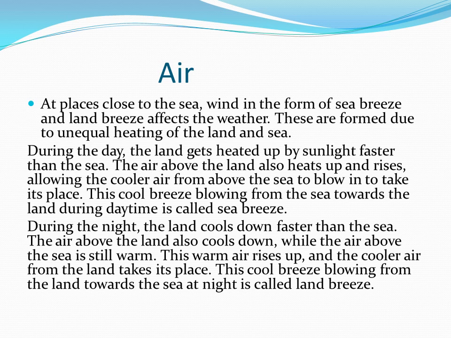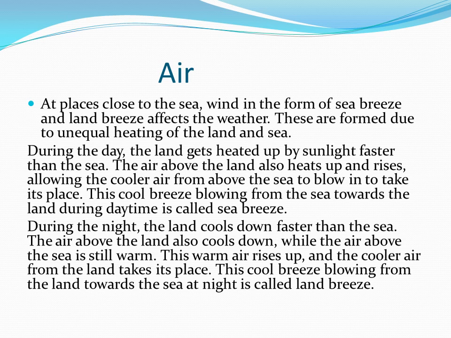Okay? So during the day, what happens? The land gets heated up by the sunlight faster than the sea. So what happens in the day? Land will be heated. Okay, during the day land will be heated by sunlight faster compared to the sea.